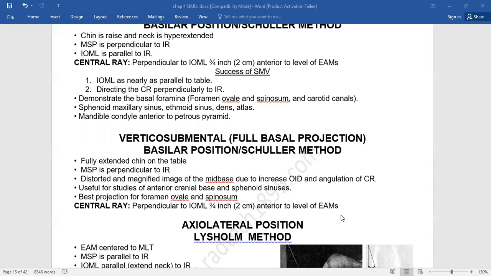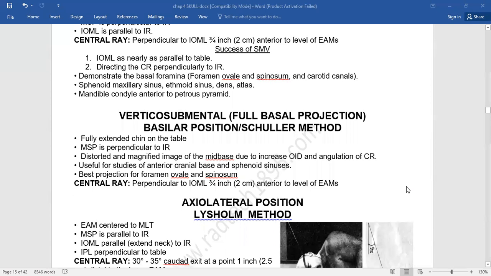The VSM is better to demonstrate the foramen ovale and spinosum compared to the SMV because they are closer to the IR. The central ray is still the same. As I said, it is the position of the patient that differs between VSM and SMV. The central ray is perpendicular to the IOML, 3/4 inch anterior to the level of the external auditory meatus.